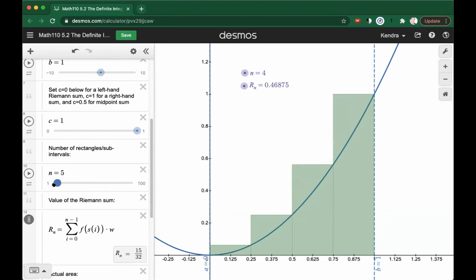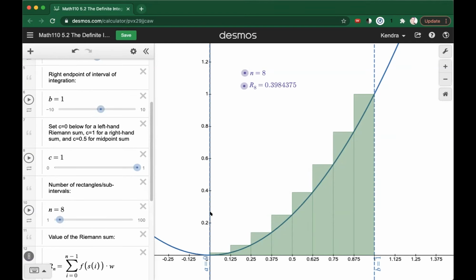If I do 2 rectangles, it looks like this. The first one is 1/4. The height is 1/4, and the second rectangle, the height is 1. And we saw this is what it looked like for 4 rectangles, and for 8 rectangles, it looked like that.